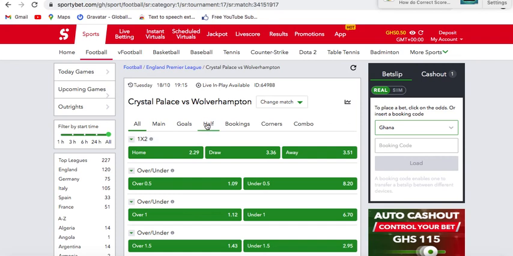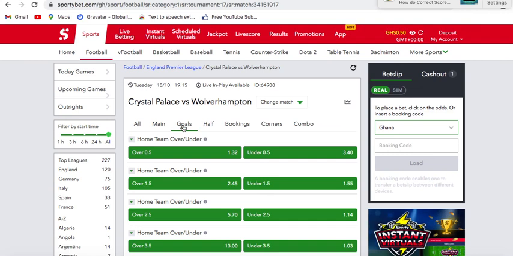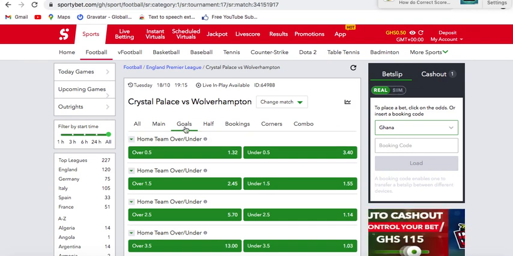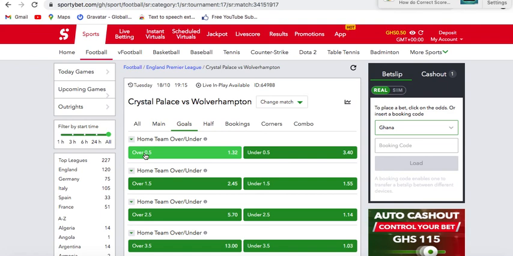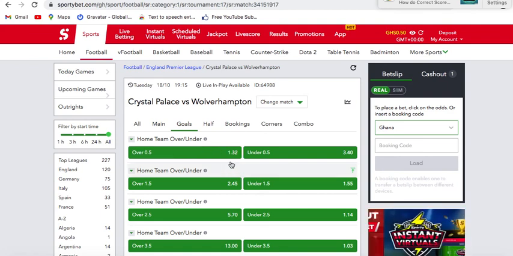The next step is that you check the goals of both teams. When you go to the goals, the home team is the first to see. You can see that the home team has the probability to score 1 goal.